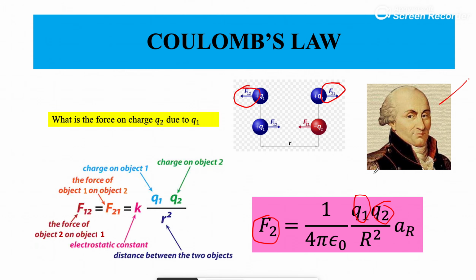Before that, what is this a_r? a_r is your unit vector along the line joining the centers of the two charges, and the direction is from Q1 to Q2. So along this line, the unit vector is in the direction Q1 to Q2, which we are labeling a_r. The left hand side of the equation is the force on charge Q2, and r square tells us the square of the distance between the charges.